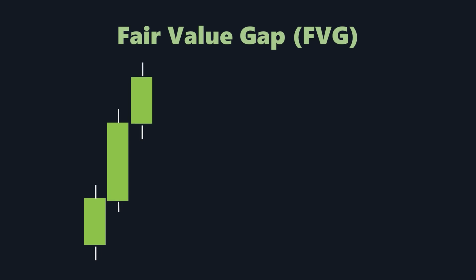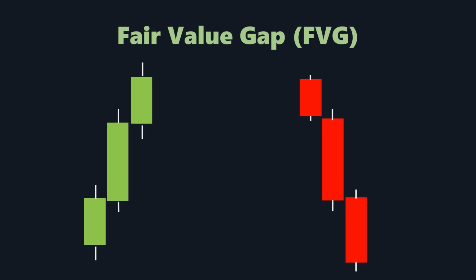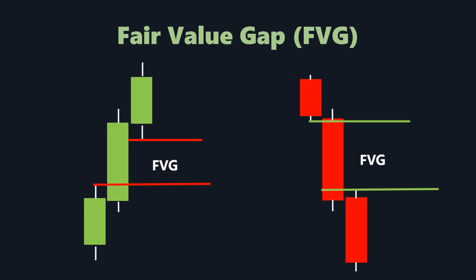The significance of the fair value gap. The fair value gap refers to an area on a price chart where the price rapidly moves through a level, leaving behind a gap. This gap represents an imbalance between supply and demand and is often seen as a potential area for price to return and fill the gap. These zones are crucial for traders as they can indicate future price movements, providing opportunities to enter or exit trades.